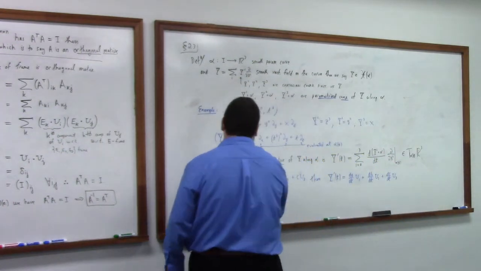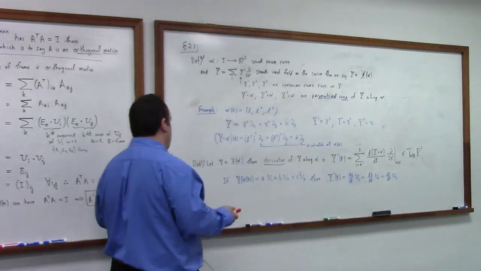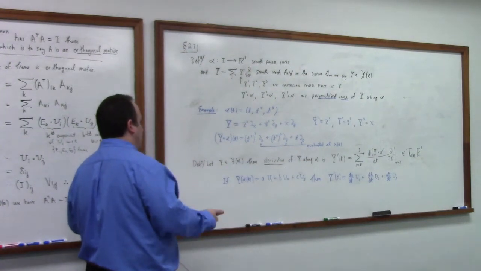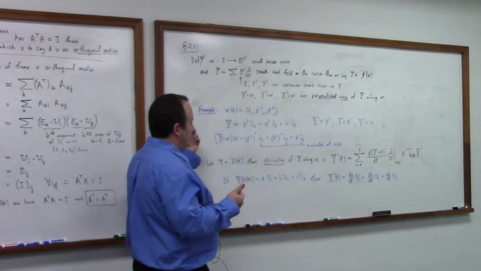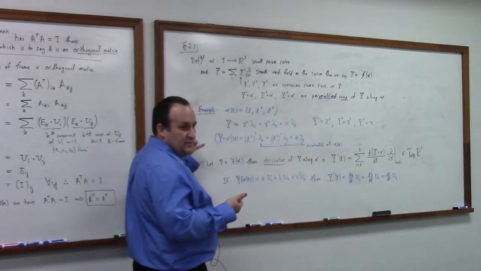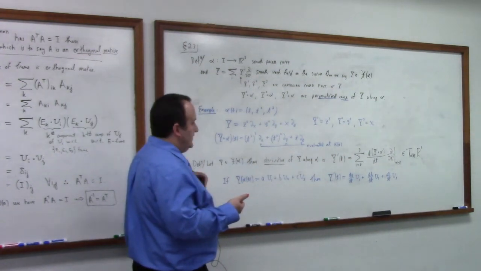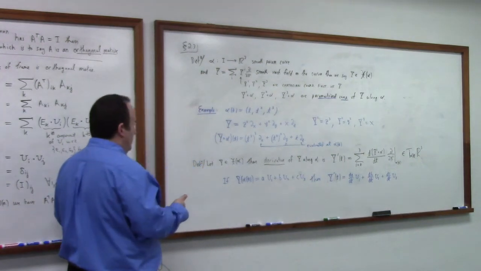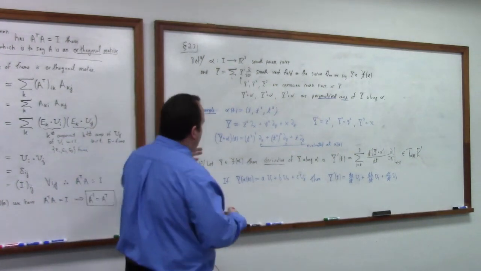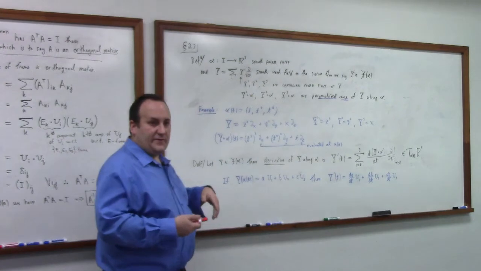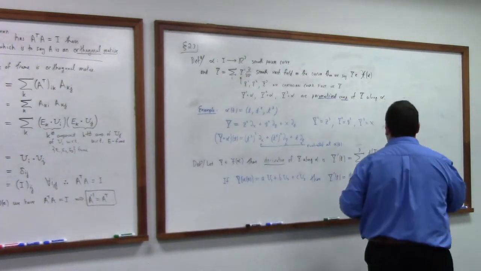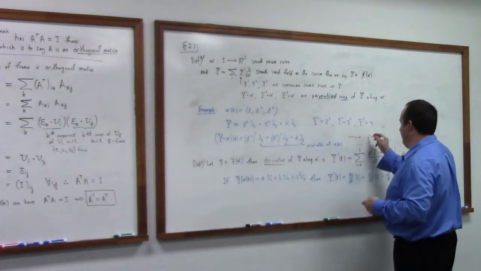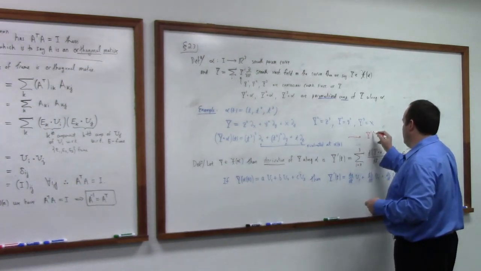So let's see here. Based on the example I have right above the definition, we could calculate the derivative of y along that alpha, right? What would y prime of t be here?